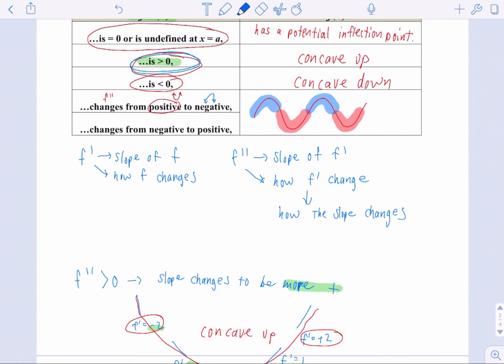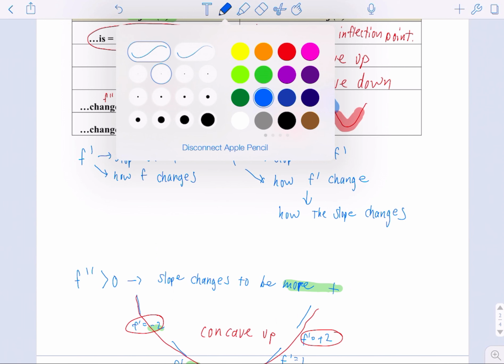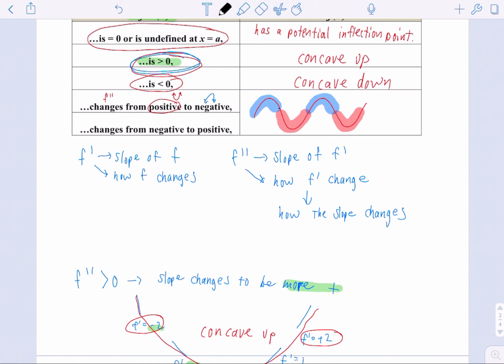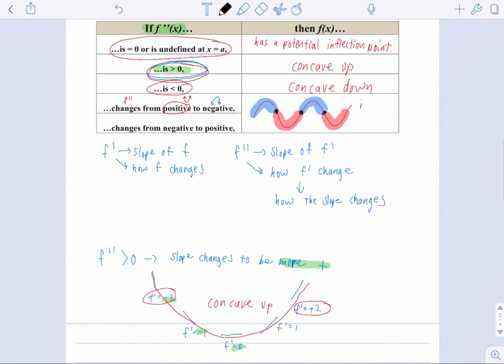So the point where it changes is right here. This point, this point, this point. All three of those points are the inflection points. So whenever we have a change in concavity, either of these, we call all of these inflection points.